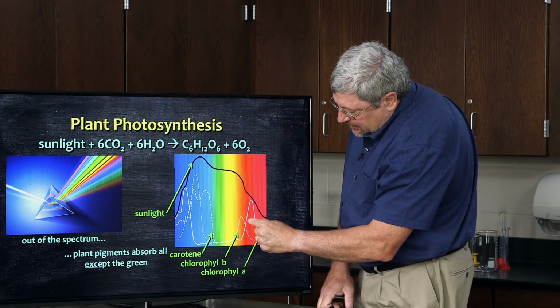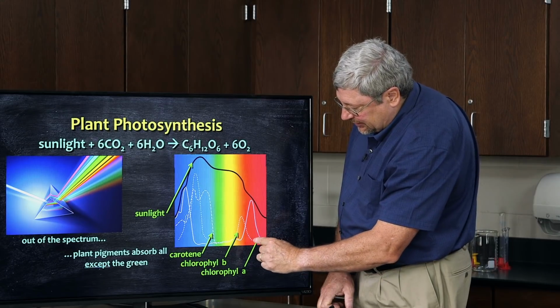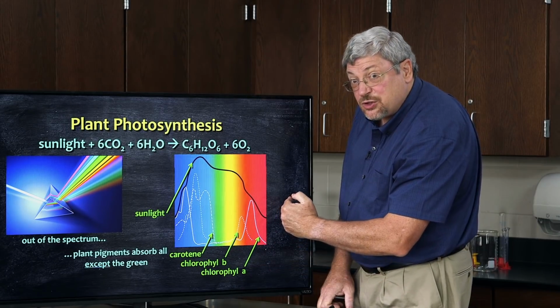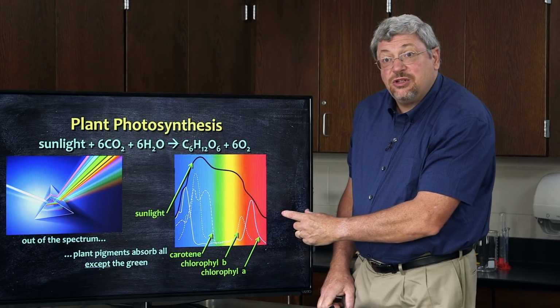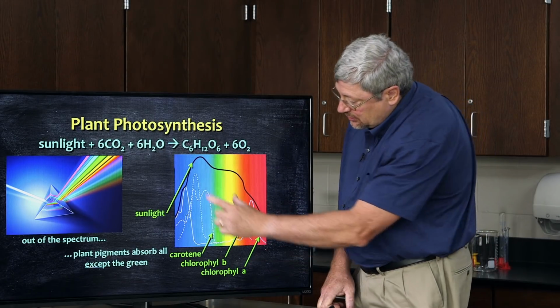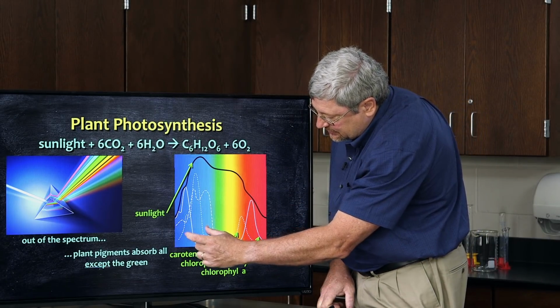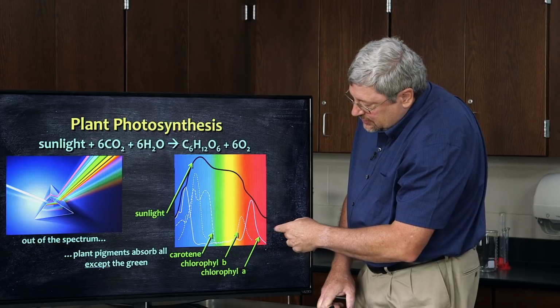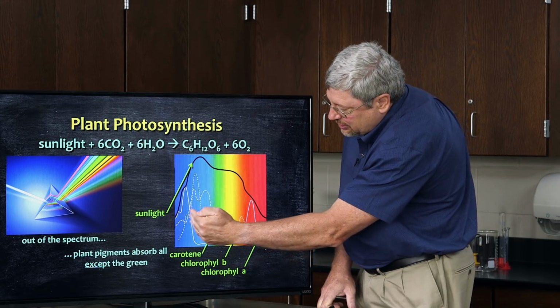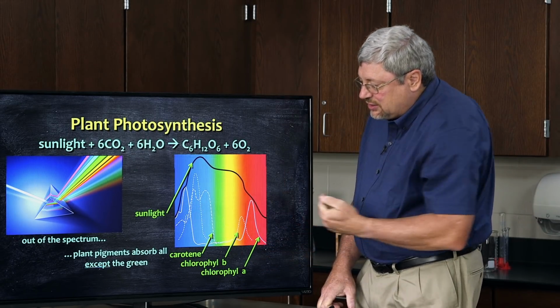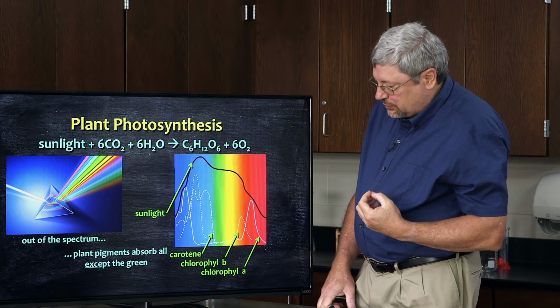Chlorophyll B is a little displaced from chlorophyll A. It doesn't do so much absorption of red, but absorbs the orange, and then a lot of the blues. So between the two of them, they really take out the oranges and the reds, and the blues and the violets. Carotenes, again an orange color substance, take out the blues and even a little bit into the green.